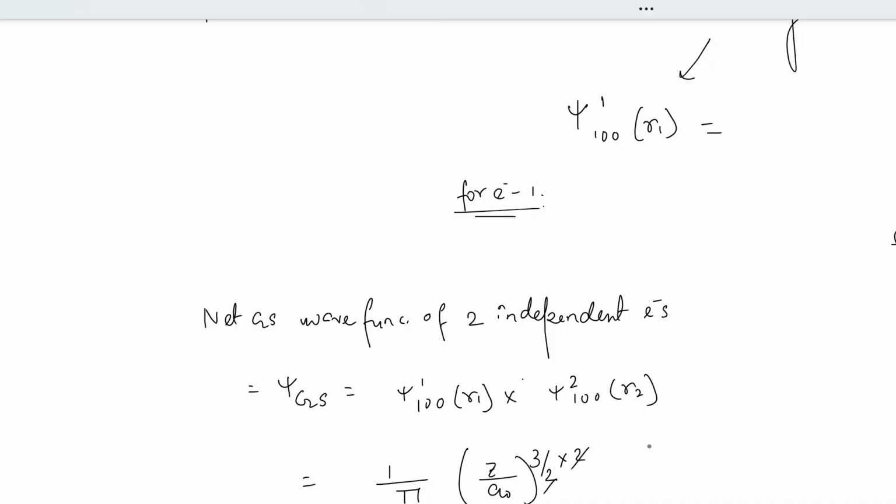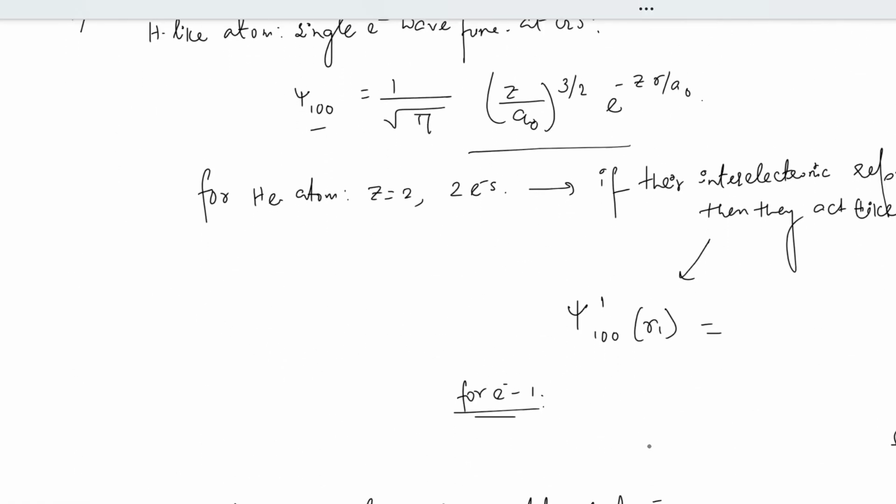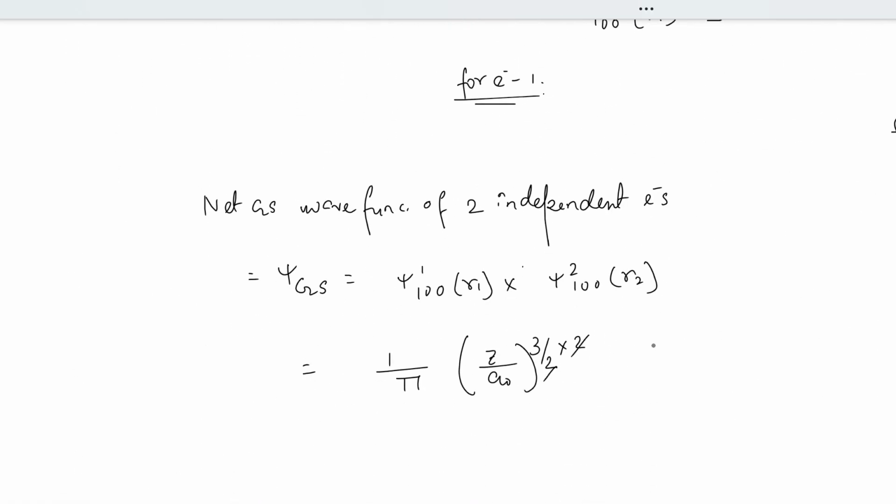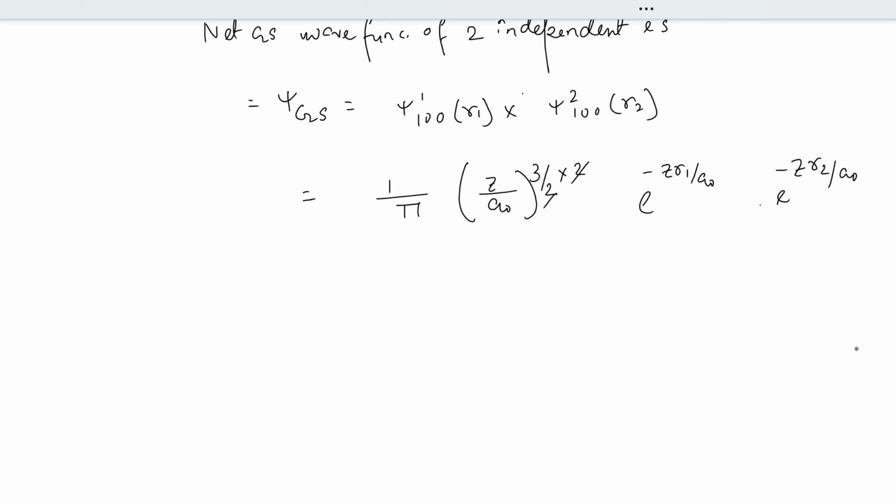Only you had exponential of minus z r by a naught. So now you have e to the power of minus z r1 by a naught and e to the power of minus z r2 by a naught.